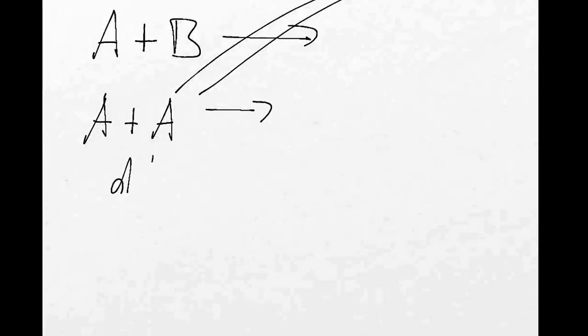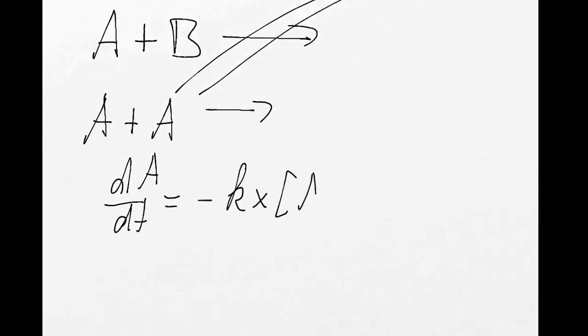We can write it as dA over dt equals minus k times A squared, and the order would be 2 in this case, so it is a second order reaction, but it's a special case where two components are the same.